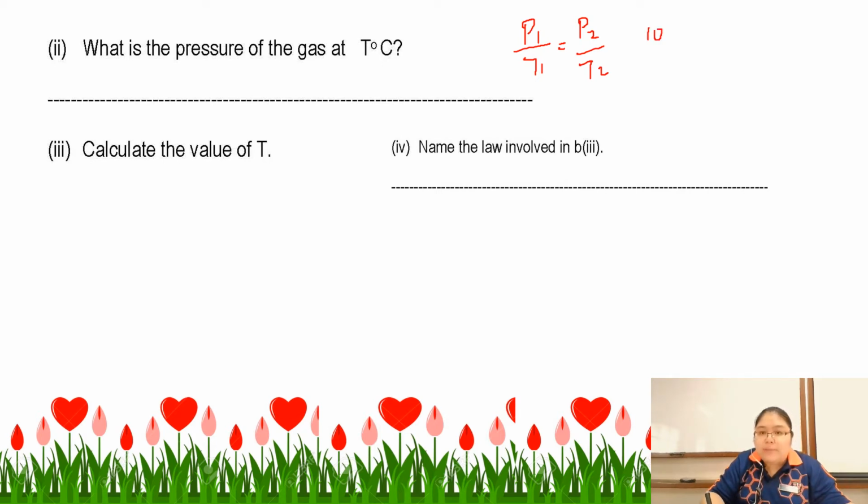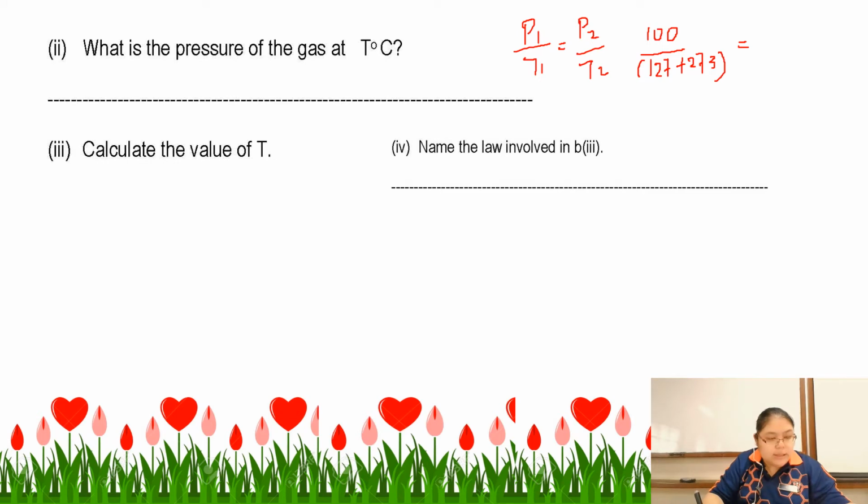That's P1, 100. Then we need the temperature. Referring to your question, the temperature is 127. I told you already that for gas law we must use absolute temperature, so this is 127 plus 273. Then equals P2.